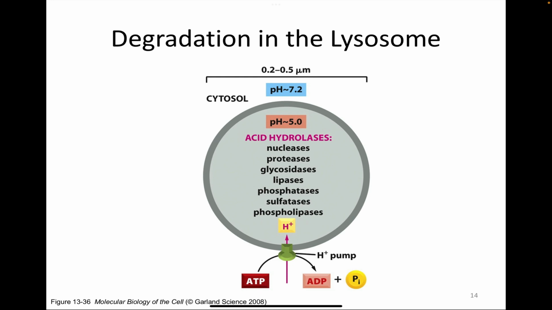So these include nucleases, proteases, glycosidases, lipases, phosphatases, sulfases, phospholipases. Basically, anything you need to degrade biological material, you have in these compartments. And once the compartment is acidic, we get degradation. And so the degradation and the proteolysis happens due to just being in the lysosome.